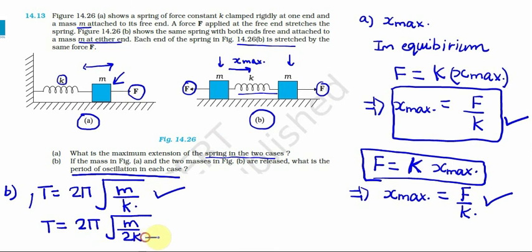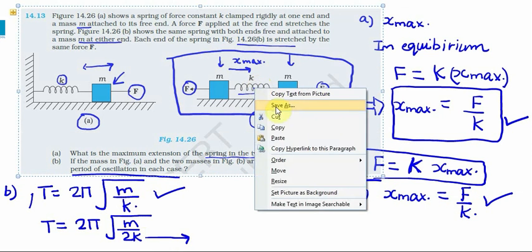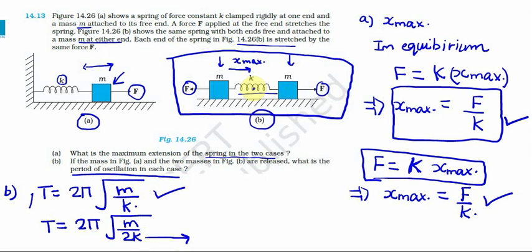Now the question arises, where does this 2k come from? If we consider the system of two masses as a whole, we see that the net external force acting on the complete system is 0, so the center of mass of the system remains at rest. This is the center of mass of the system, and each block oscillates about this center of mass.